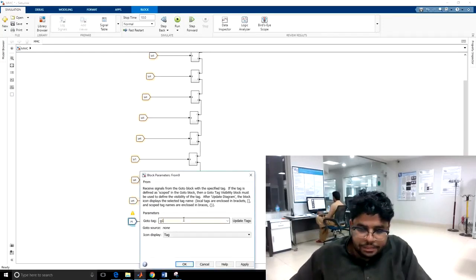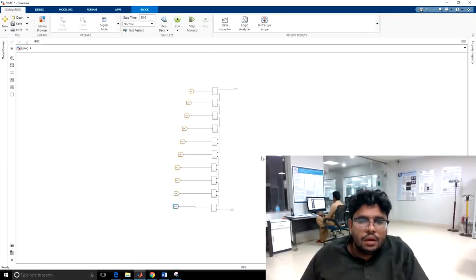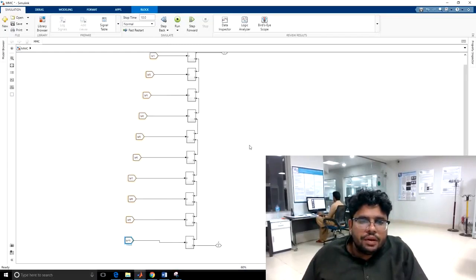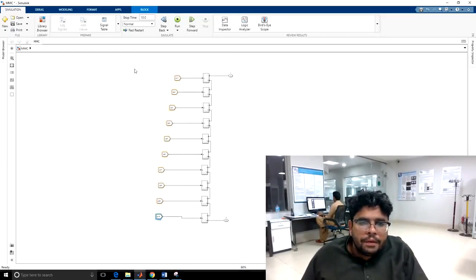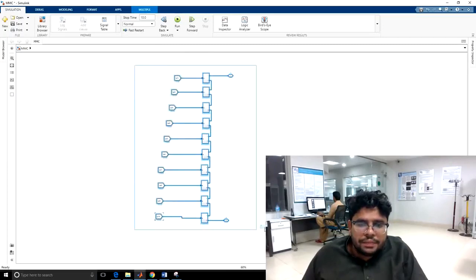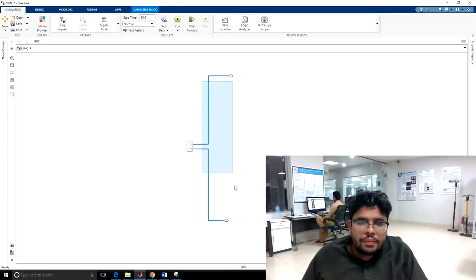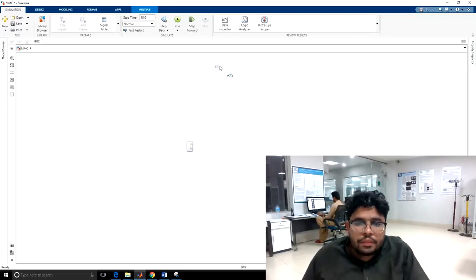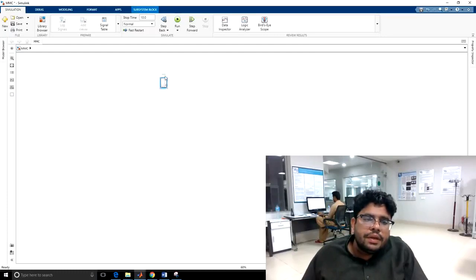Let's name it G10. Alright, so this upper submodule is now ready. Let's make a subsystem of it. So this is the upper arm of the single phase MMC.